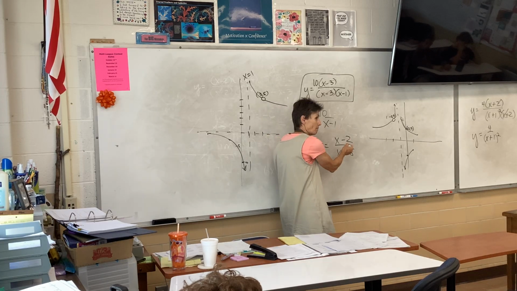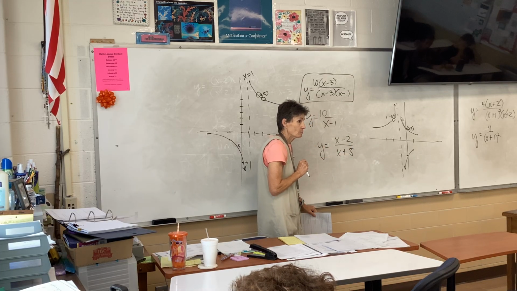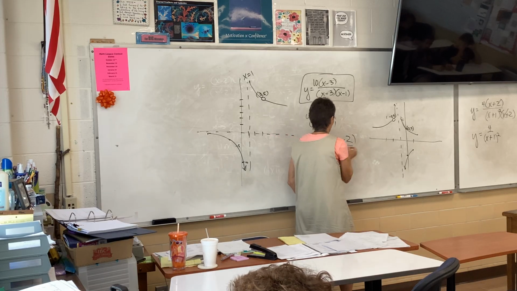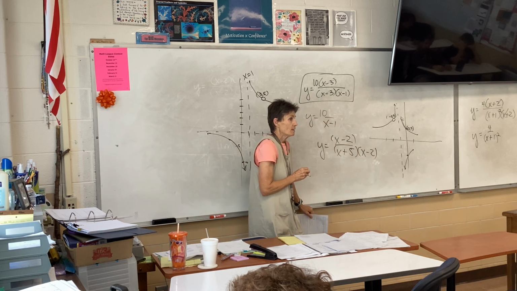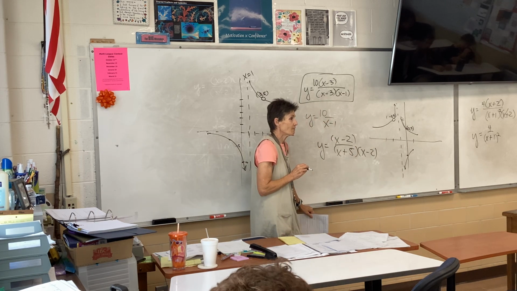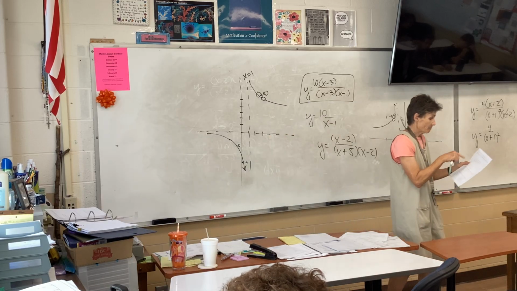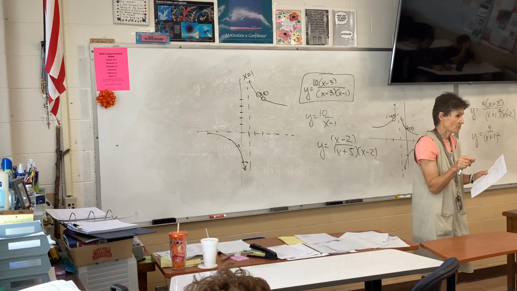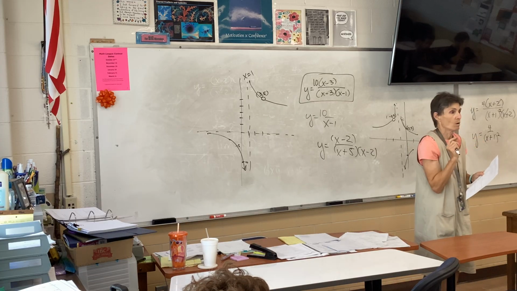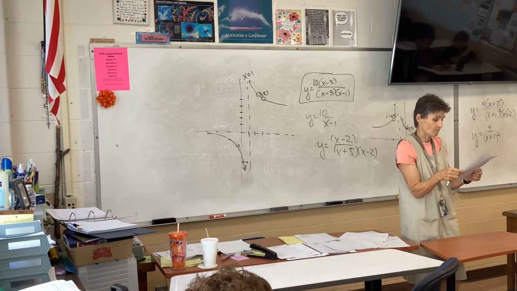There's only one number that's going to make that 0, and the number is 2. The only way that won't be a 0 is if you also have one of those in the denominator. Then you wouldn't have a 0, you'd have a hole. But they tell me in the problem, the numerator gives me 0, but the denominator doesn't. So therefore, it has to be an intercept. It has to be a root.